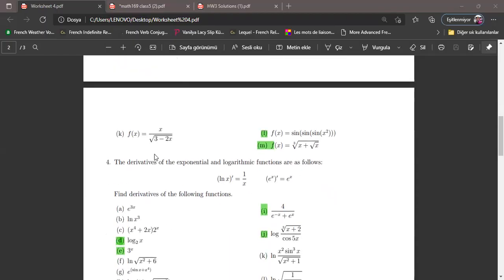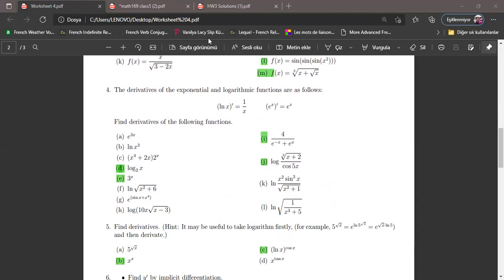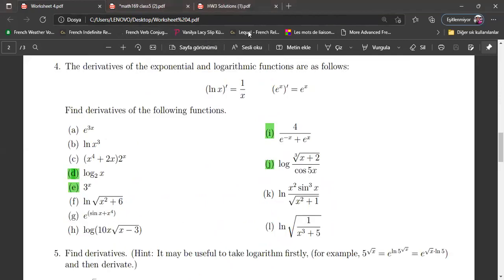Now we will solve question 4. Let's start with D. Again, we will find derivatives, and I will recall the derivatives of the logarithmic function and e to the x. Here you already have the worksheet, so no problem.